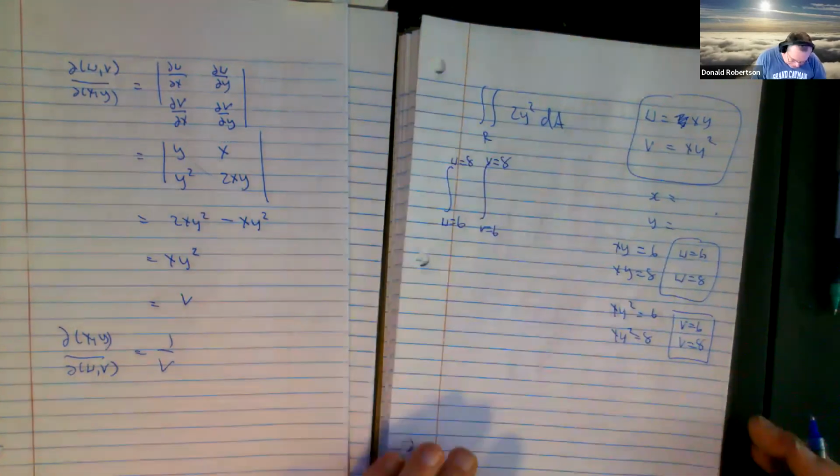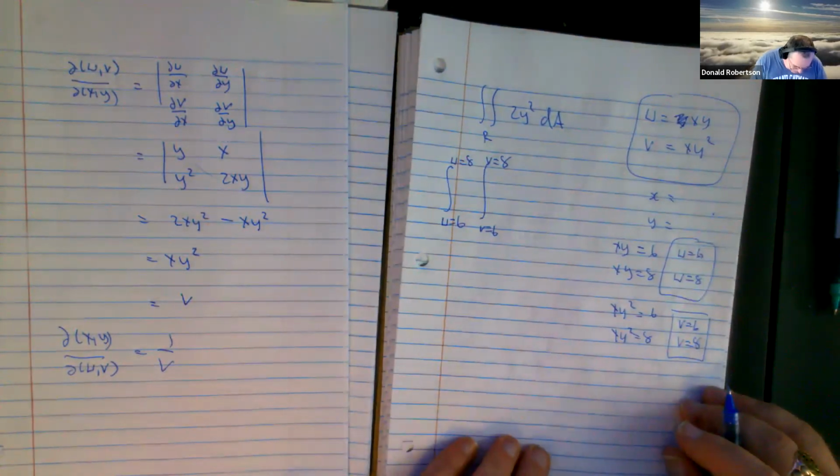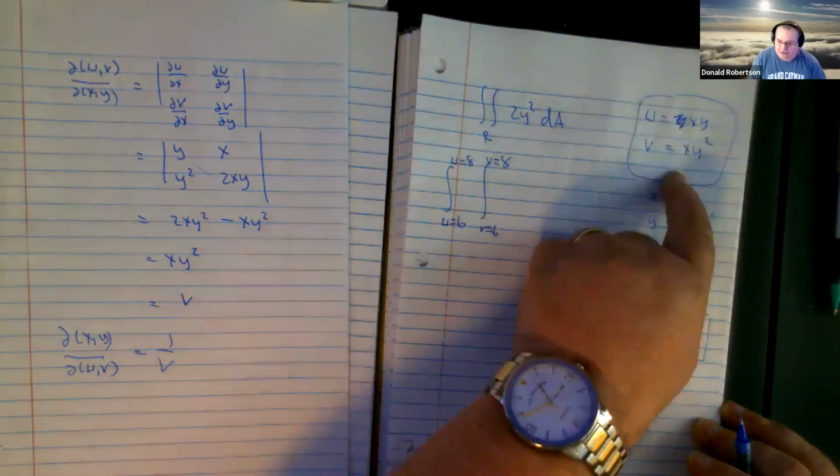2y squared is a pain because I need to turn it into u's and v's.